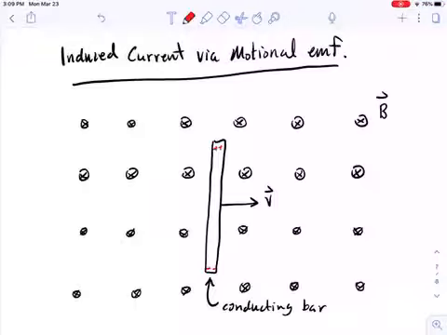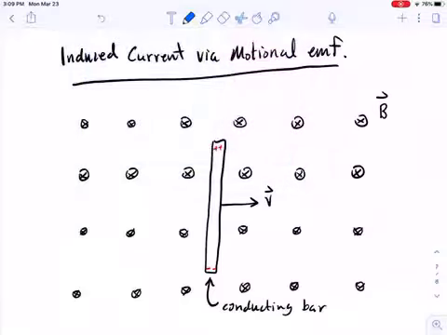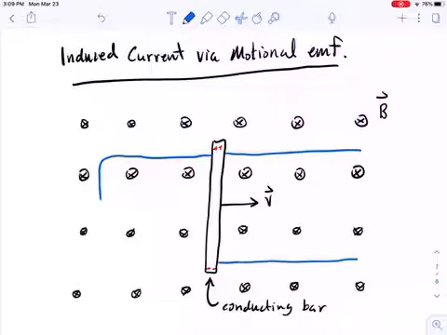Okay, let's see, what could we do next? What I'm going to do is draw it in a different color. I'm going to take some conducting wire, and our bar is going to slide along this conducting wire. It completes a circuit.